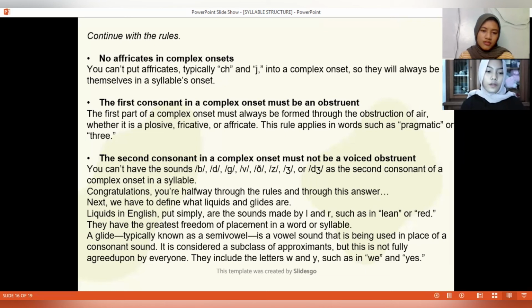They have the greatest freedom of placement in a word or syllable. A glide, typically known as a semi-vowel, is a vowel sound that is being used in place of a consonant sound. It is considered a subclass of approximants, but this is not fully agreed upon by everyone. They include the letters W and Y, such as in we and yes.